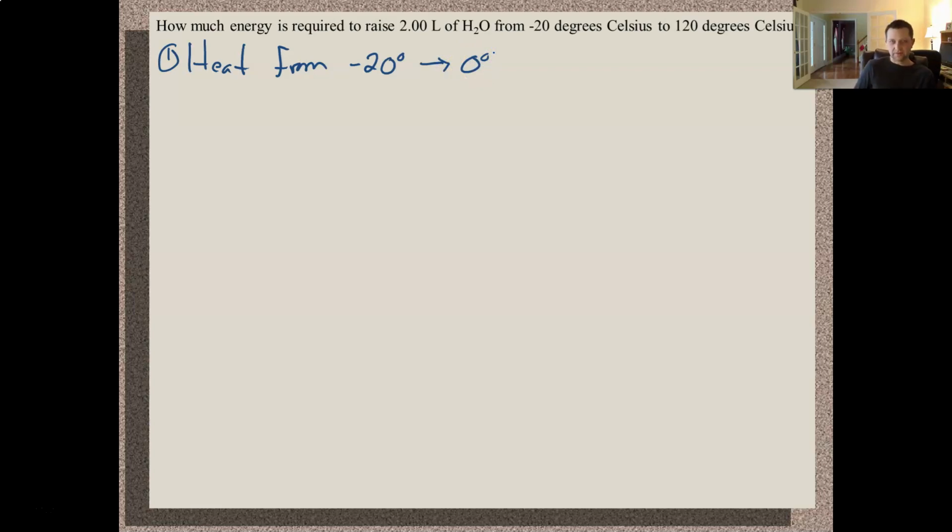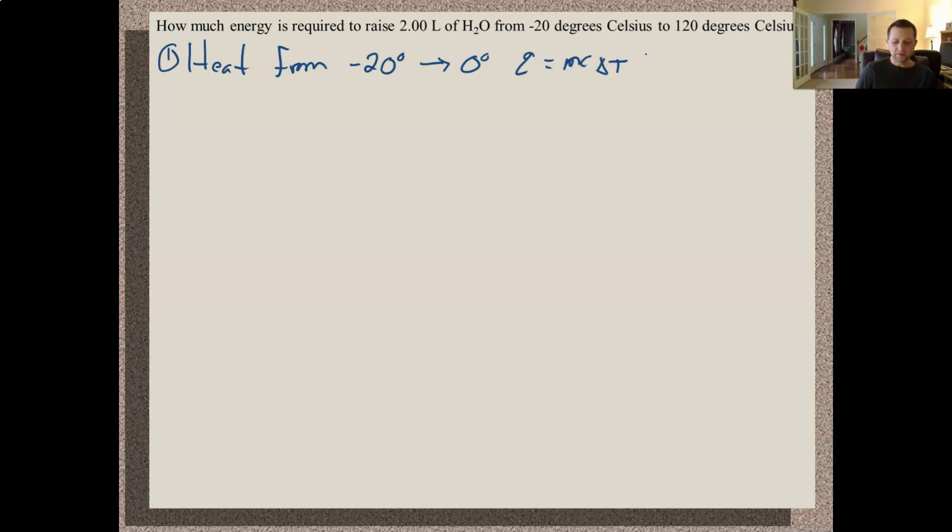Once I hit 0 degrees, the temperature doesn't change anymore, it flatlines, so I have to use a different equation then. So what I like to do is write down what's going on first, heat from negative 20 to 0, and in order to do that, since there is a temperature change here, I'm going to have Q equals MC delta T as the main formula I need to use here.